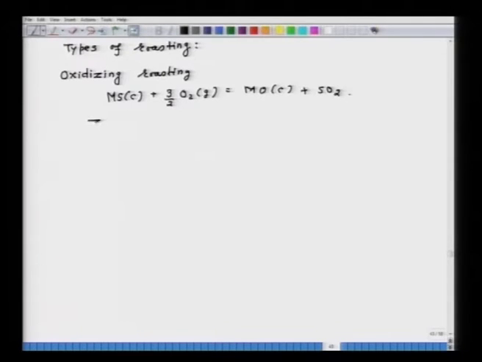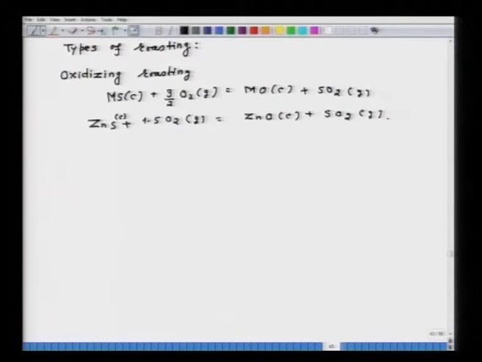For example, ZnS plus 1.5 O2 in gaseous state, equal to ZnO condensed plus SO2, which is gas.